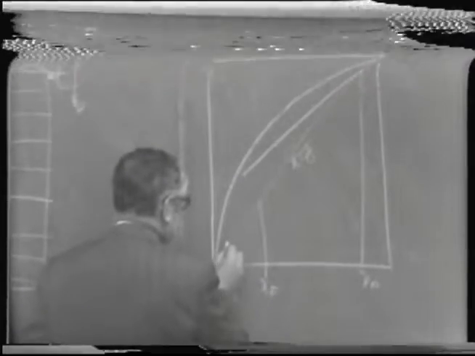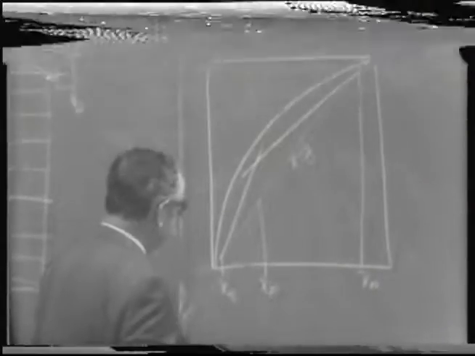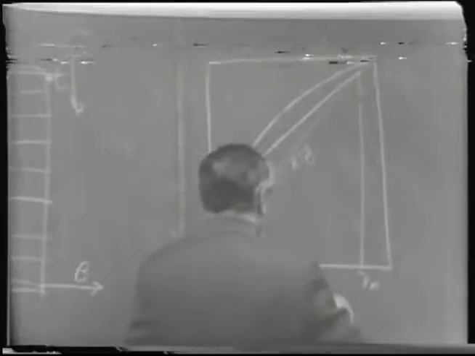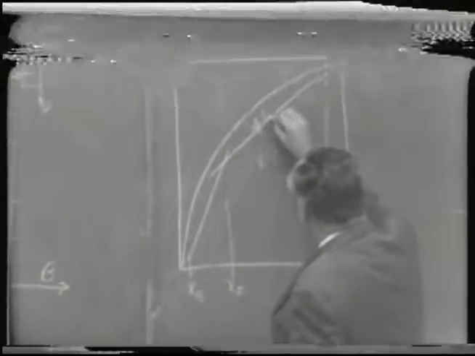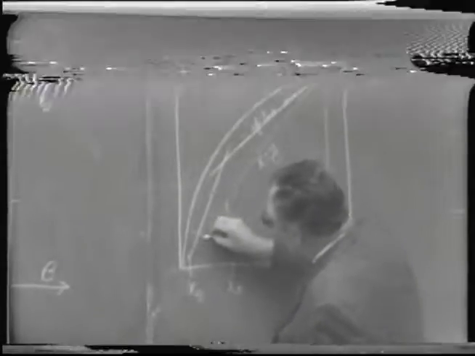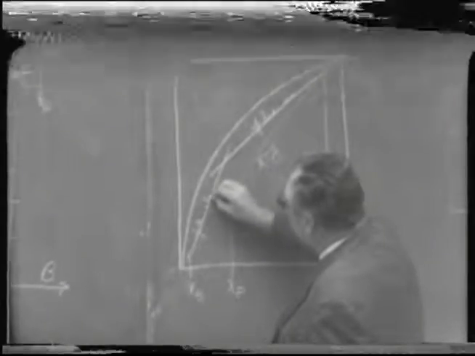Depending on operating conditions, it'll be located something like that. So if these are the operating lines for the two sections, this will be the concentrating section, and this will be the operating line for the stripping section.